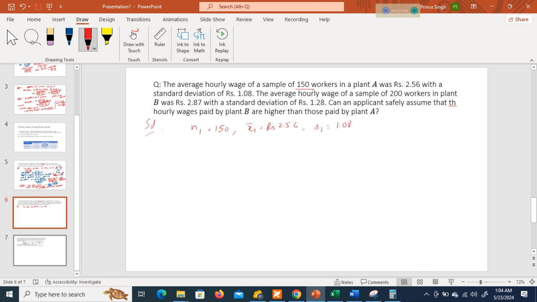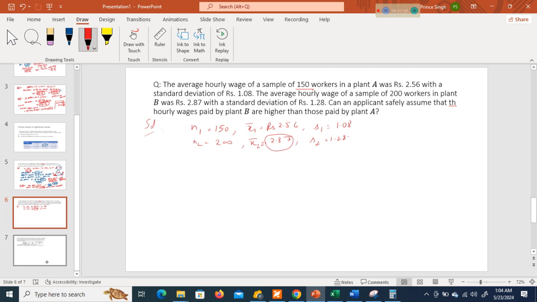Another average hourly wage of a sample of 200 workers, their average wages are 2.87 and the standard deviation is 1.28. Can an applicant safely assume that the hourly wages paid by plant B are higher? So you can see here they are paid rupees 2.87 and they are paid rupees 2.56.